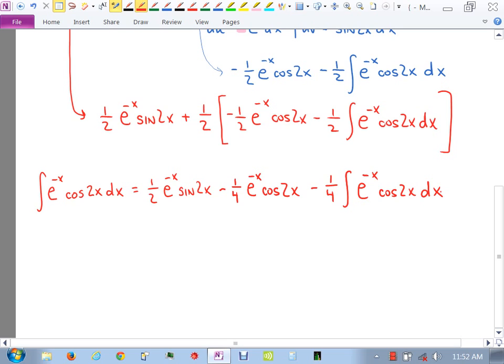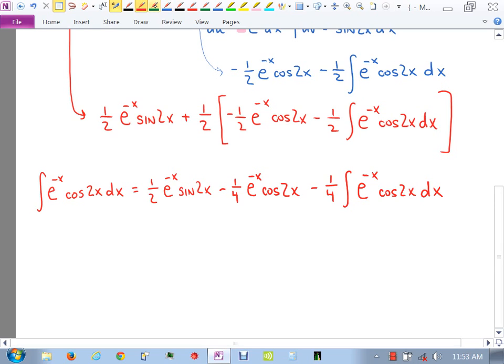Anybody see it? Not cancel them. I have an integral over here that's exactly the same as an integral over there. So it's like I have, let's just say the letter u over here, and over there I have minus 1/4 u. Can't I add 1/4 of that integral to this side? Add it to both sides of the equation?